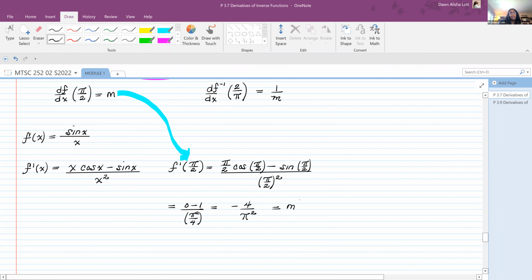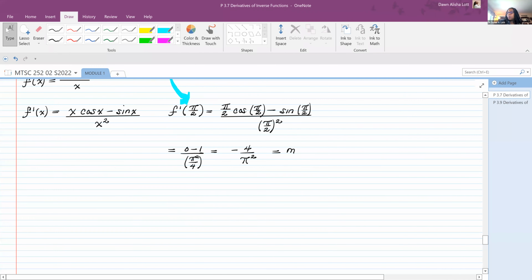So therefore, the answer to our question, which is the derivative of the inverse function with respect to x at 2 over pi, is negative pi squared over 4. Okay, any questions?